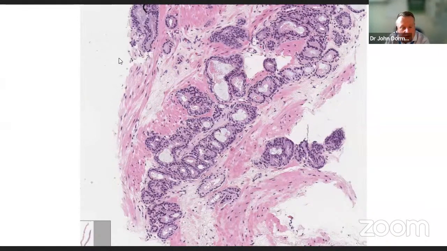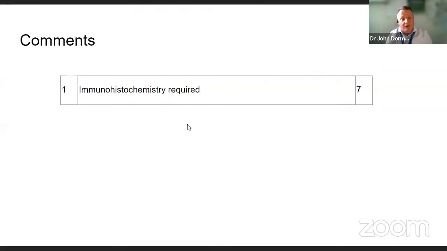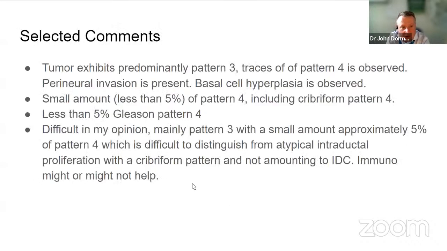Okay, I think we're going on to scoring. Just a few comments. Some people wanted immunohistochemistry. It was only 7 out of the 400 or so that answered. Virtually all the comments were about the Gleason scoring.